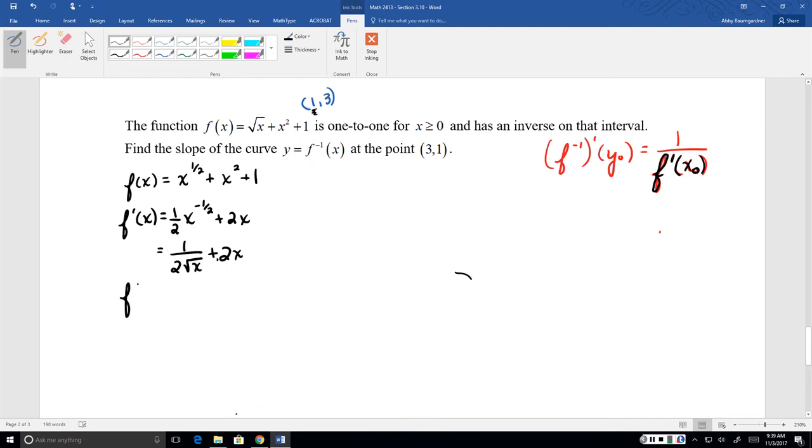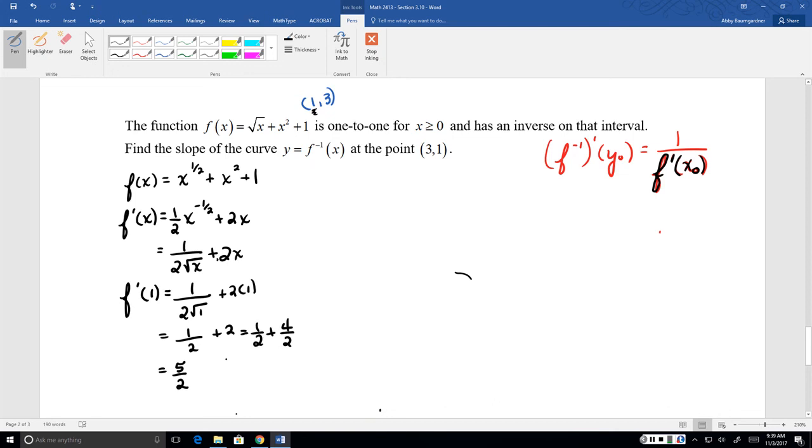So f prime of 1 equals five halves, right? Because that's 1/2 plus 4 halves, so 5 halves.